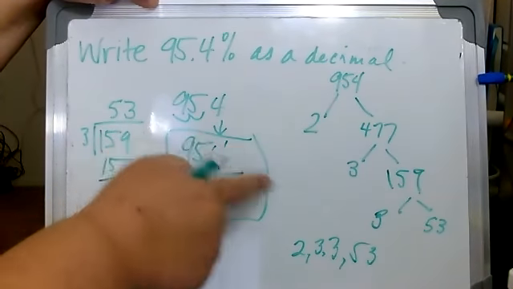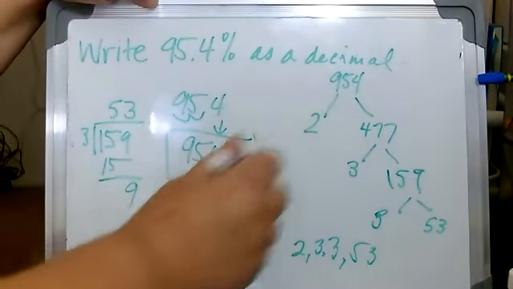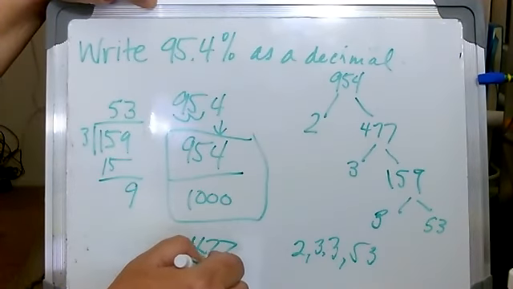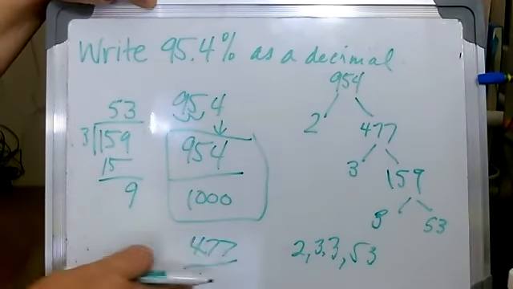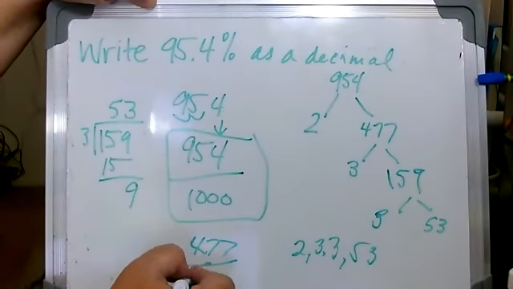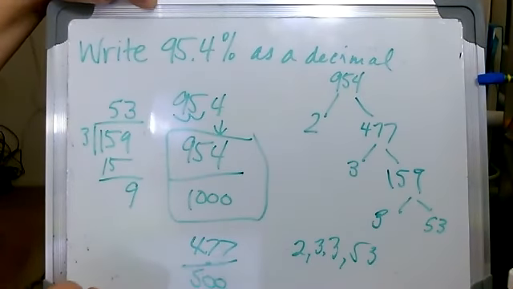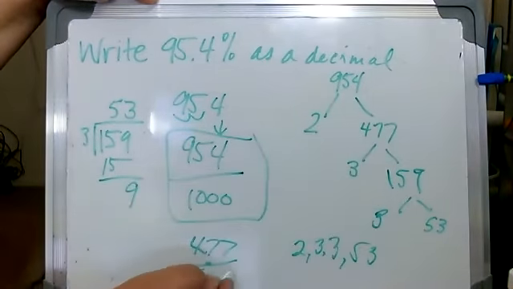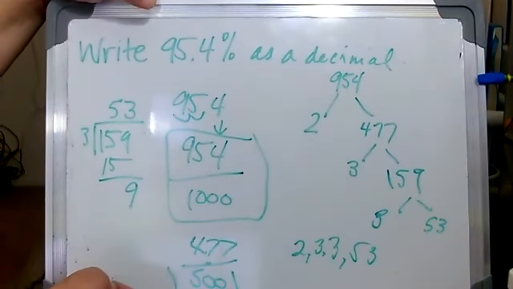So we know with 1,000, if we divide it by 2, it's 477 over 500. And I'm pretty sure that's as far as we can go, because the next thing that we're going to be dividing it by is 3, and 500 does not go into 3 evenly.